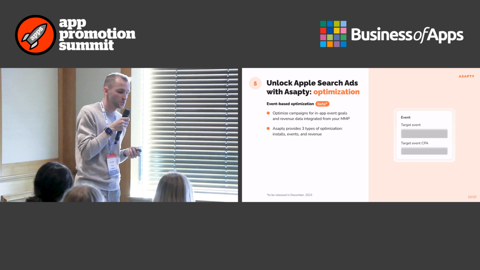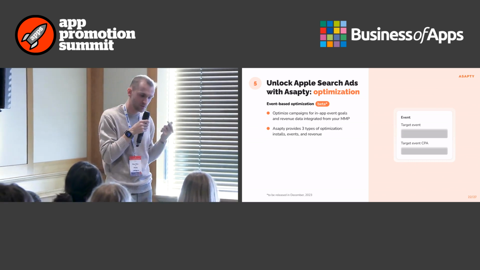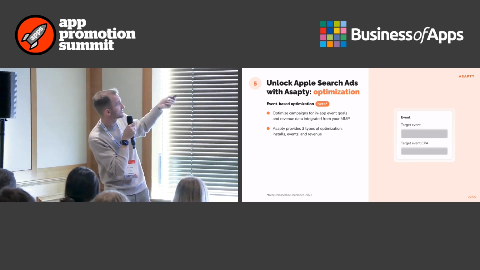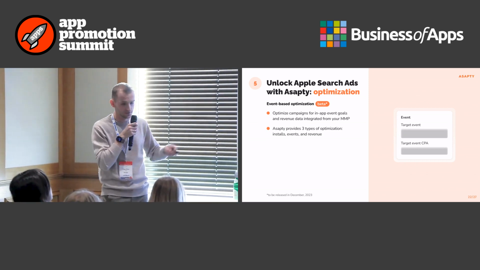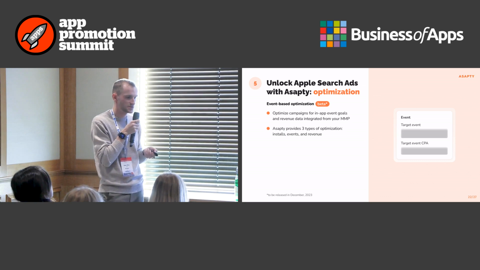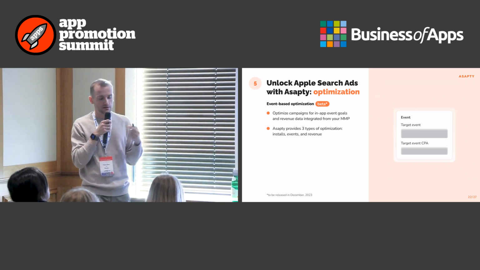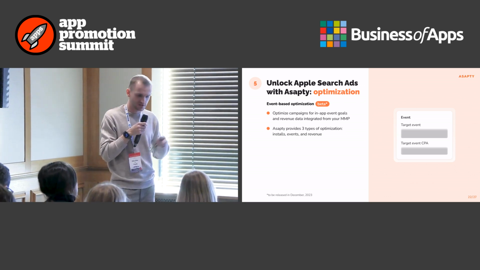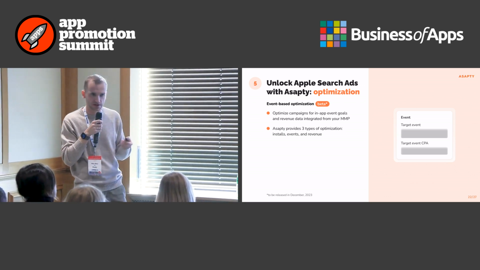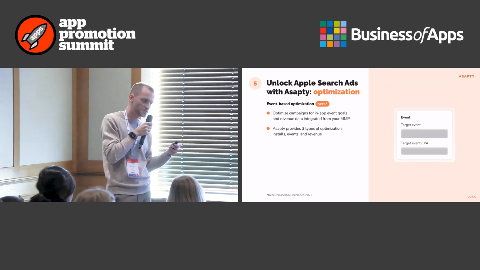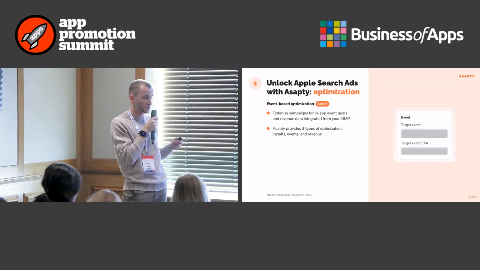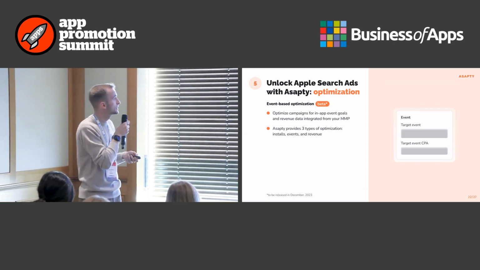We will have 3 types of automated optimization: by install, by events, and by revenue. Install-based optimization is relevant for apps that are using an ad monetization process. For example, some games know that we should buy installs for 60 cents because that's the amount of revenue that we have from our monetization.